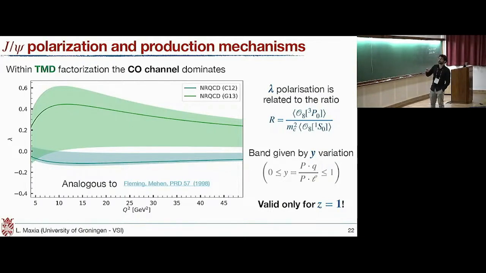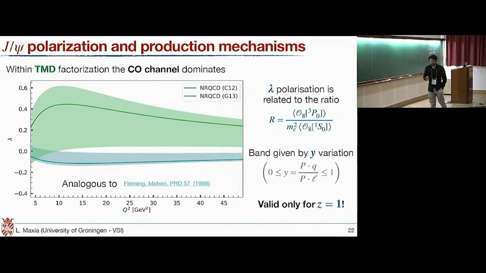So if you take the TMD factorization, okay, and you look at the lambda, you see that the result of this lambda varies depending on this ratio between the long distance matrix element for the P wave, the 3P0, and the long distance matrix element for the S wave. Okay, in particular, if the ratio is positive, like for this choice, you will have a negative lambda, while if it is negative, you have a positive lambda.